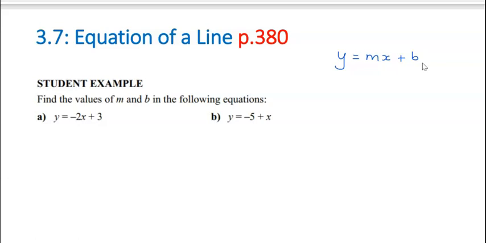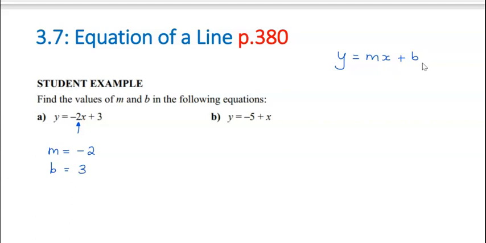We simply have to take a look at it. We see that multiplying to x is a -2. So that means the slope of this line is -2. It's going to be a downward slope. And the difference between y and x is -2. And then the b, or y-intercept, this line is going to cross y at 3, at a +3. And so the b is 3.